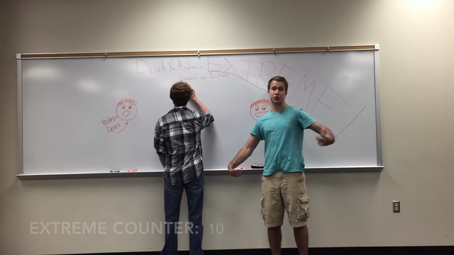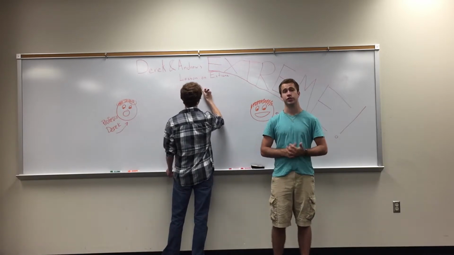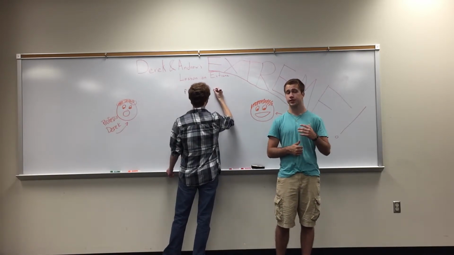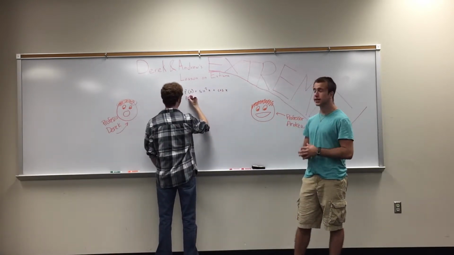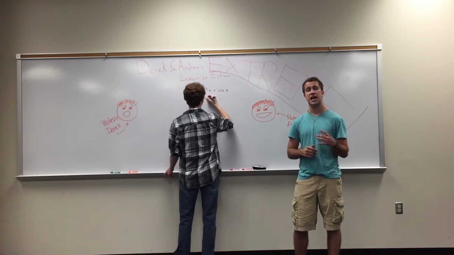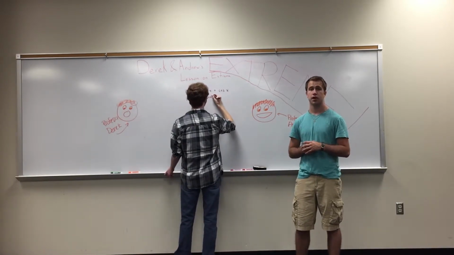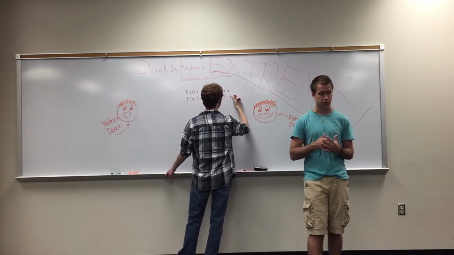Now let's do another extreme example. The extreme value theorem also works with trigonometric functions. For example, if you have f of x equals sine squared of x plus cosine of x, you can still use EVT to determine the absolute minimum and absolute maximum of a function. First, we begin by taking the first derivative.